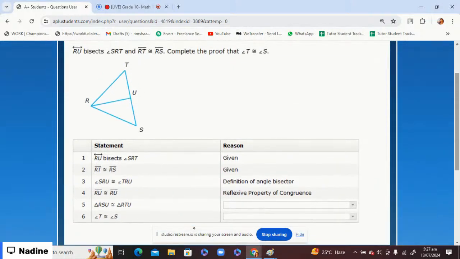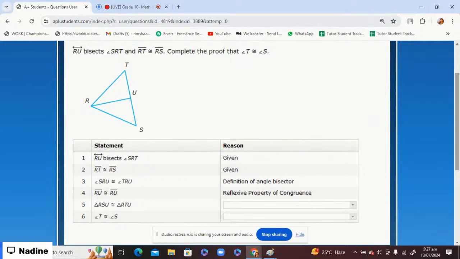Look here, how many things are given? RU is given. RU, which is given, what does it show? It means that what is the reflexive property here? RU bisects angle SRT, it's given.